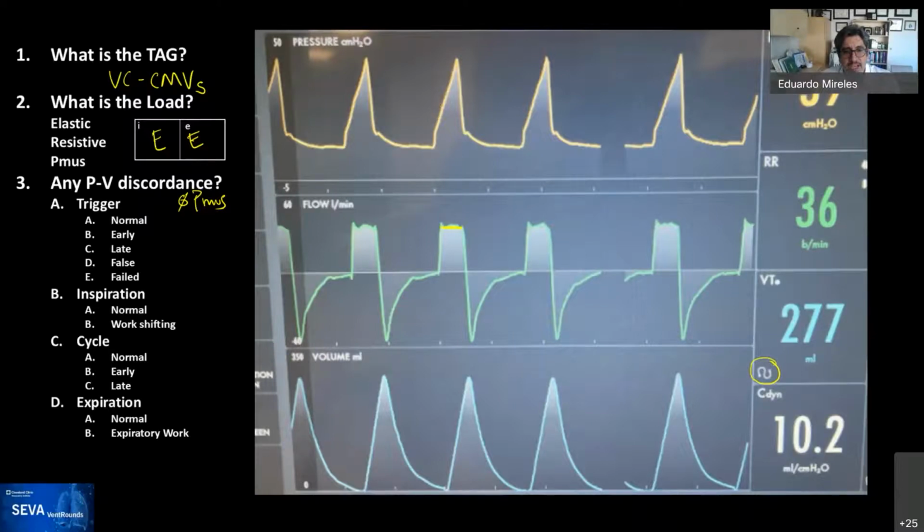So the higher the slope, the higher the elastance, or the lower the compliance. If it had looked like this, that means the elastance or compliance is better. So this steep rise is a good marker of increased elastance or decreased compliance.